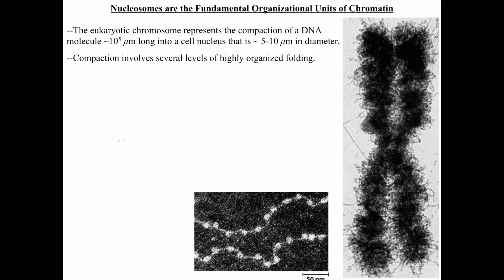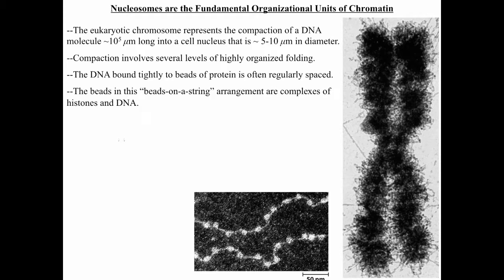And this compaction of chromatin involves different layers of highly organized folding. So we have DNA that's bound to these little beads of protein that are regularly spaced. This is what it looks like at the very fundamental level, where you have this beads-on-a-string organization in which the DNA is bound to these beads of protein on a string.